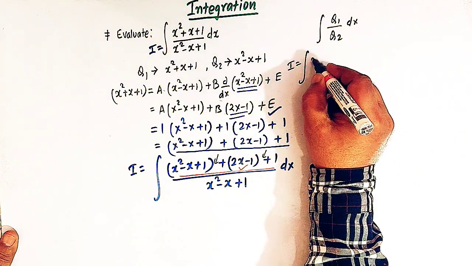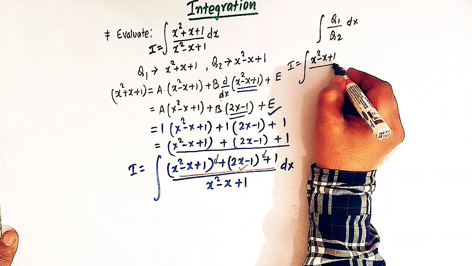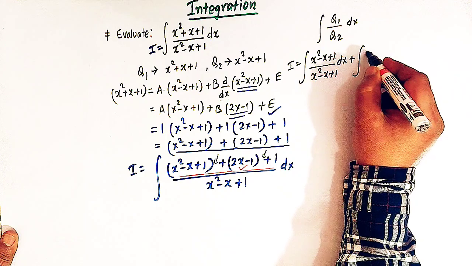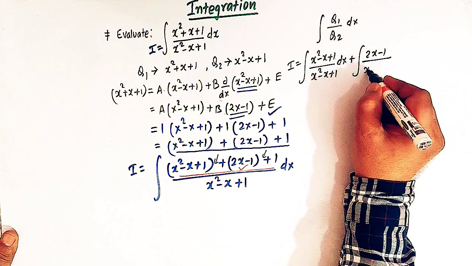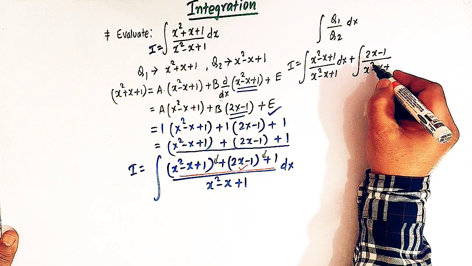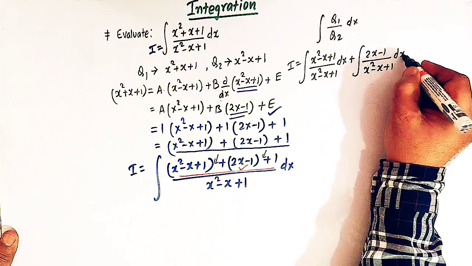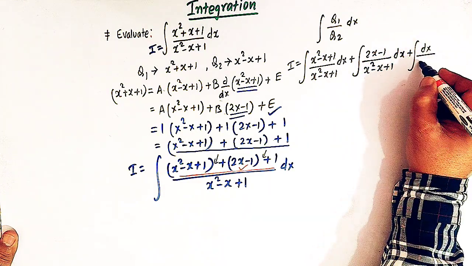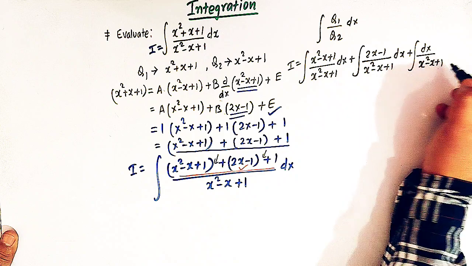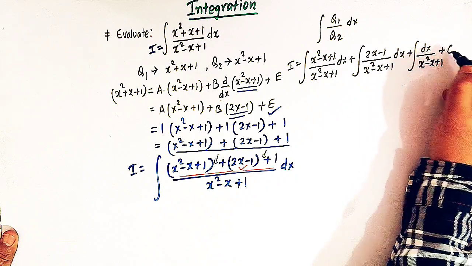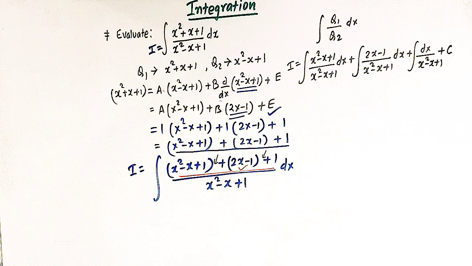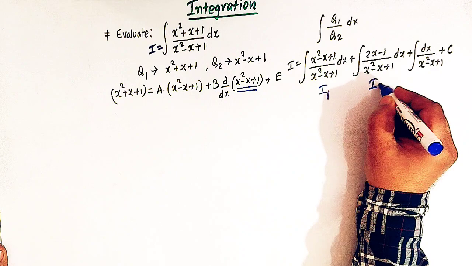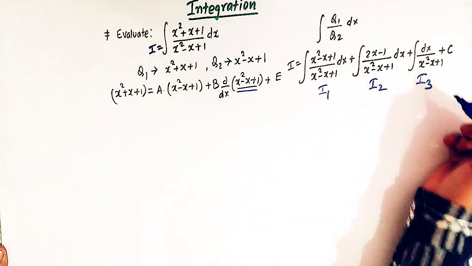So we have integral x square minus x plus 1 over x square minus x plus 1 dx, and here we have 2x minus 1 over x square minus x plus 1 dx, and here we have integral dx over x square minus x plus 1, and obviously the constant of integration. So now here we have three integrals, I1, I2 and I3, right?